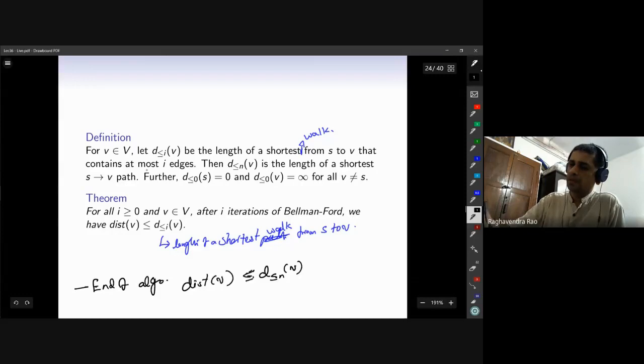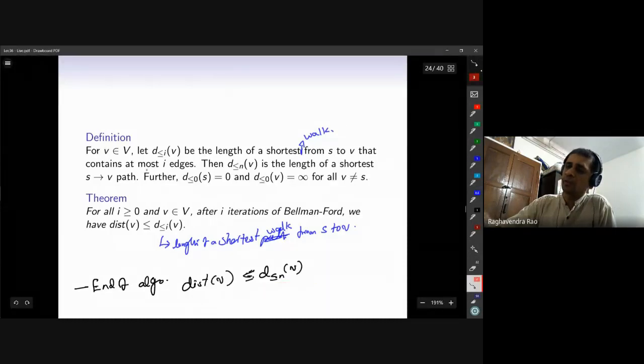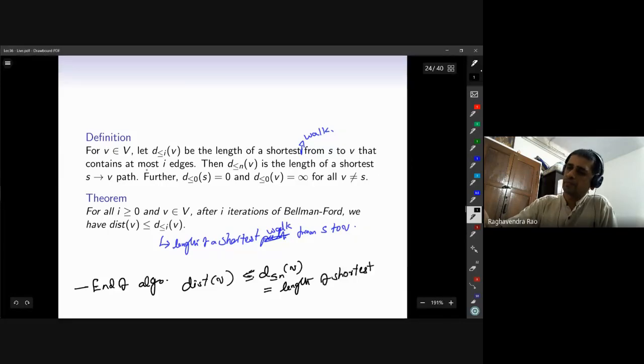Okay. So now when is this the length of a shortest S to V path? Only when the graph has no negative cycle. So this is equal to the length of a shortest S to V path only if G has no negative cycle.